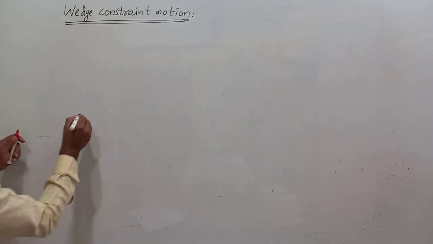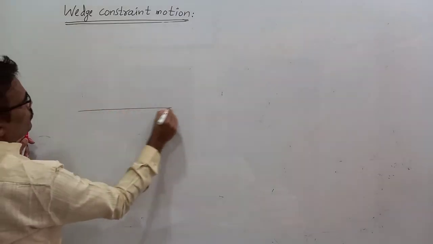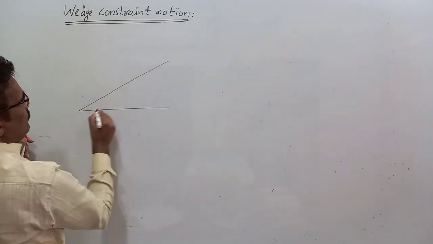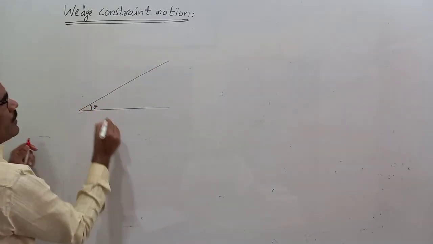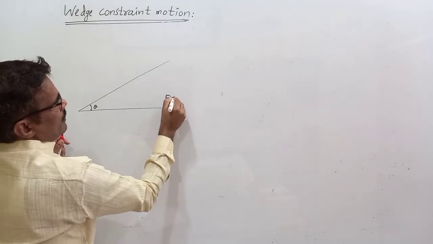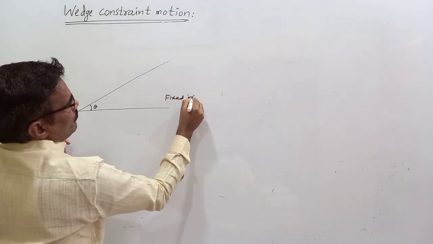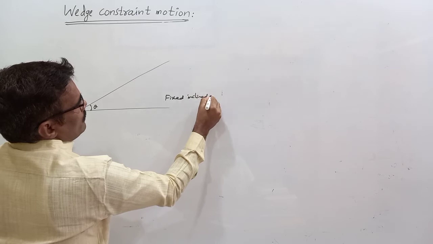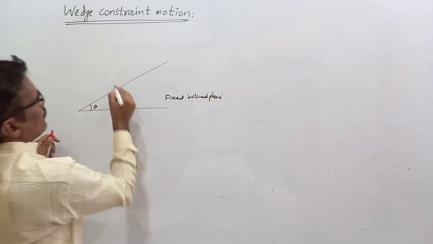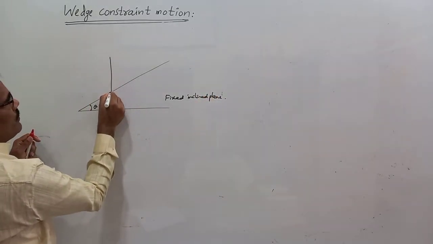Okay, next students, let us consider this inclined plane with angle of inclination theta, a fixed inclined plane. On this one a wedge is kept.